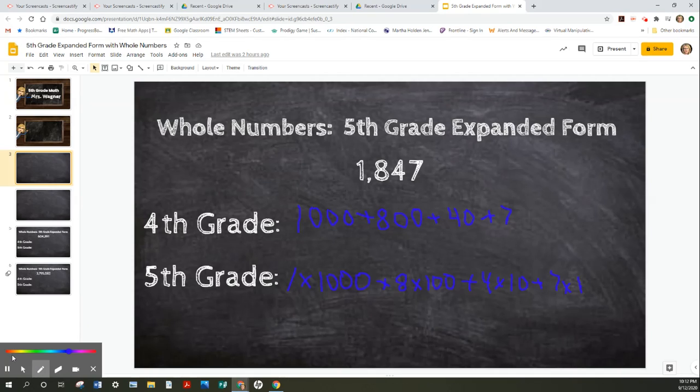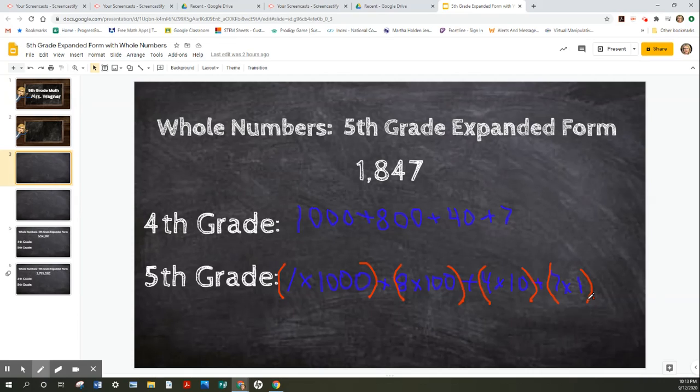Sometimes you will see the multiplication part of this expanded form put into parentheses. So 1 times 1,000 in parentheses added to 8 times 100 in parentheses added to 4 times 10 in parentheses added to 7 times 1 in parentheses.